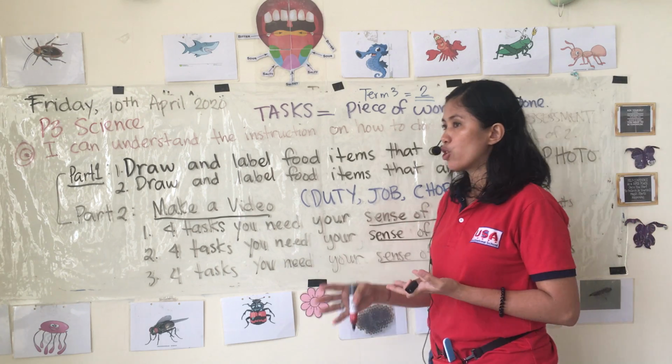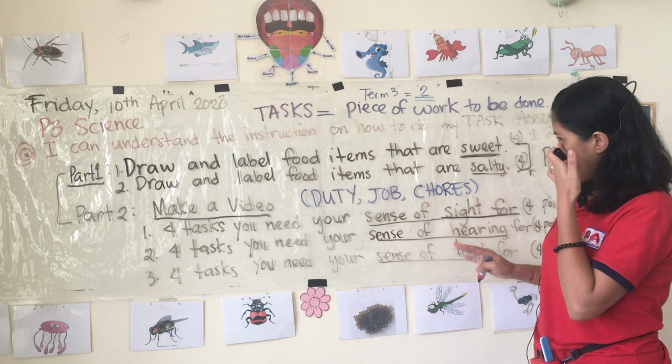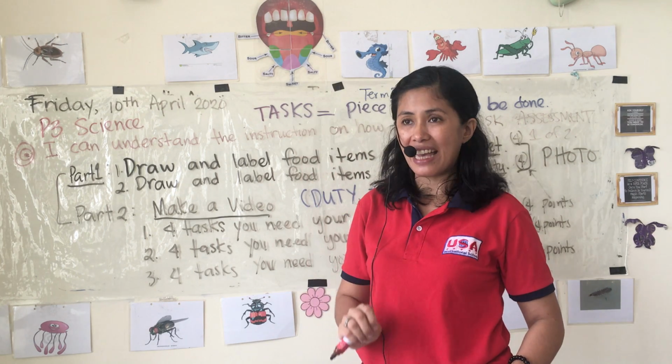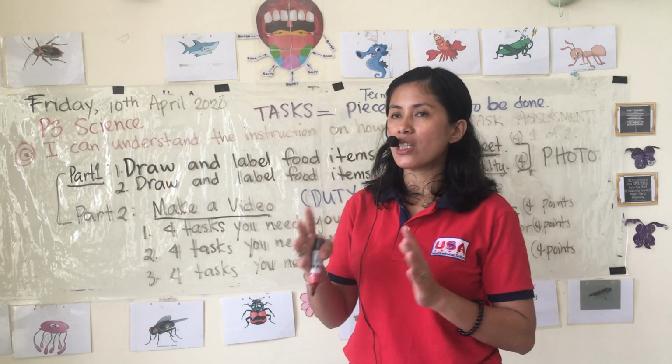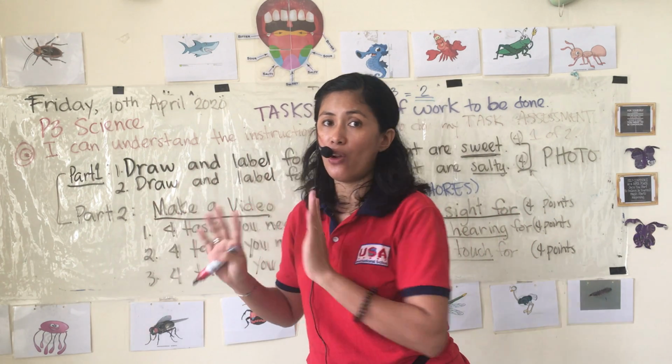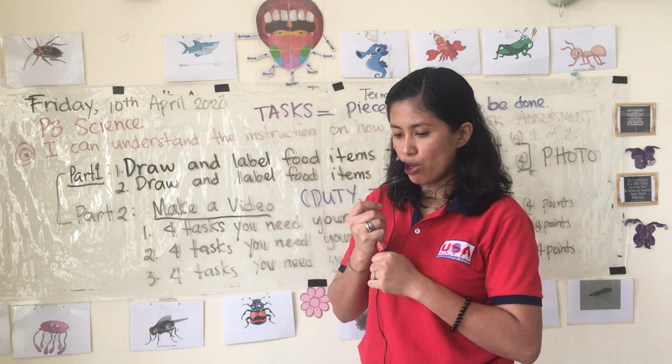So what do we do with those senses? But here the instruction is 4 tasks. Not just say, I see a bird, I see a cat, I see blah blah blah. No, not like that.